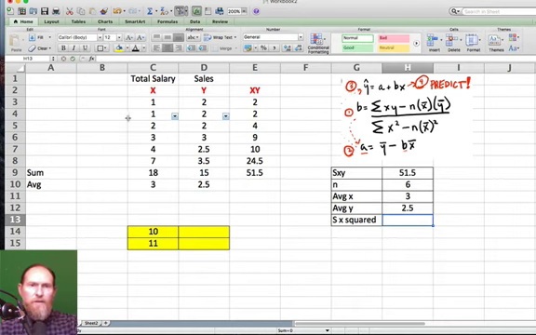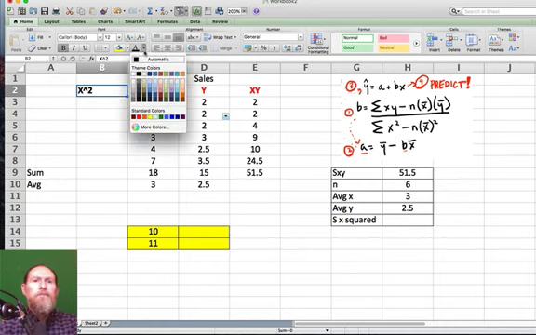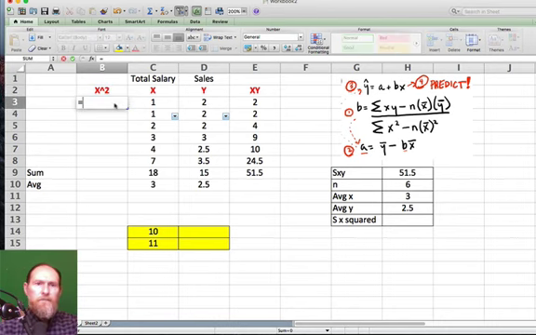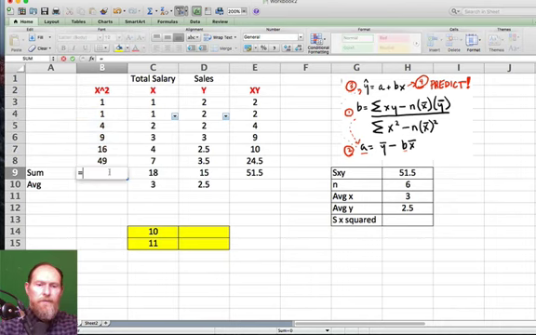And then finally, I'm going to go ahead and create an X squared column. Get that sum. And get that over here.